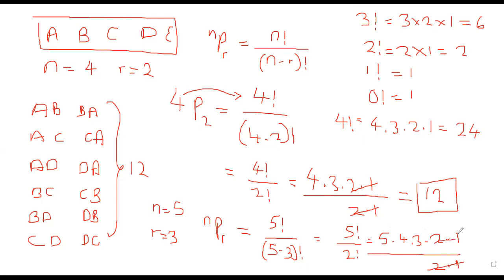So when you cancel this, we're going to have 20 times 3, which is 60. So these are the different ways in which we could rearrange our letters of 5.